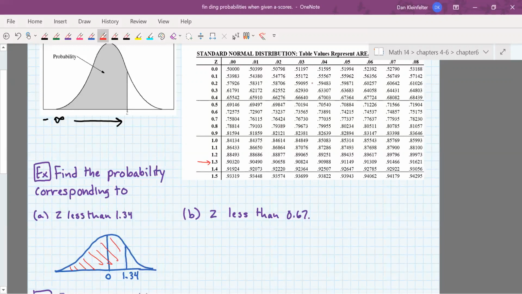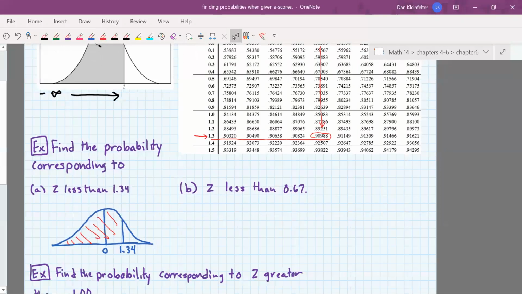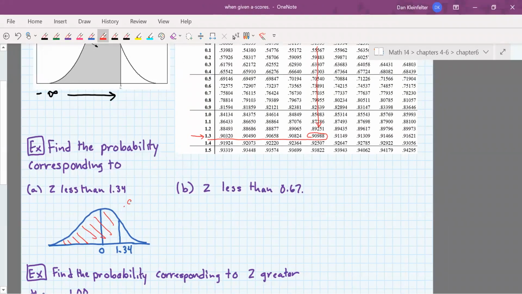Since we wanted 1.34, we're going to go to the 0.04 column. And where those two intersect, we're going to find our probability value. 0.90988 will be the probability.